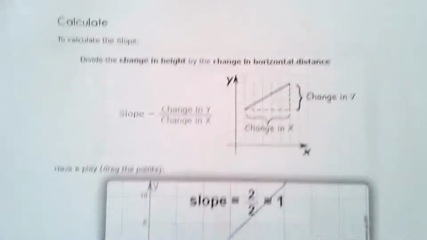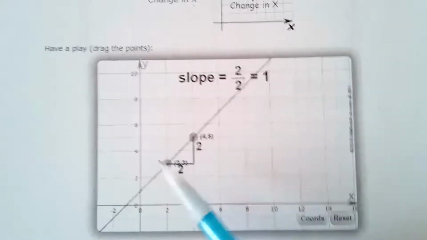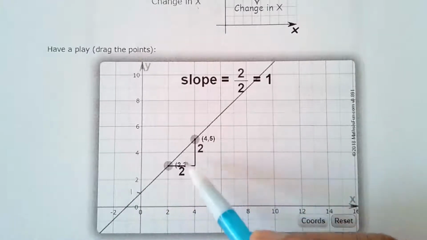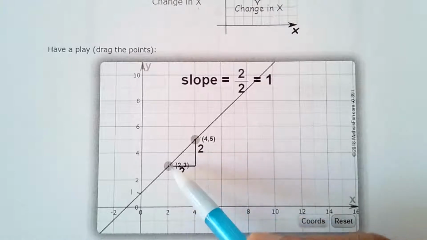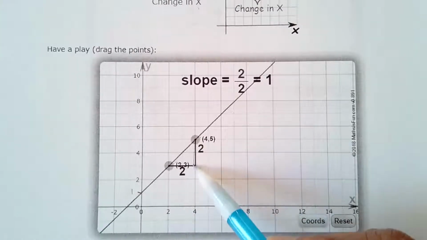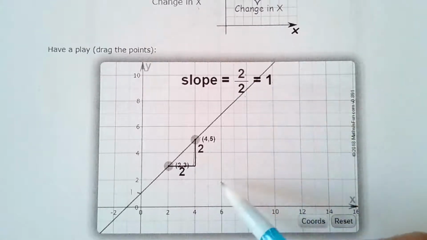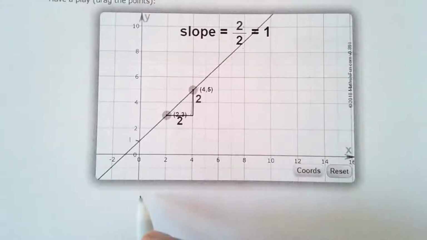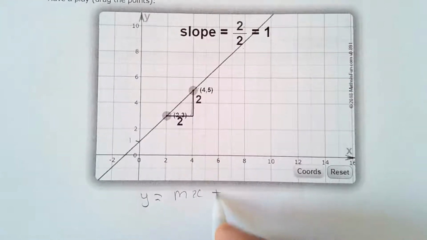So the calculated gain is the slope, the change of y over change of x, or the rise over the run. Here's another example, here we have a line. Now this line crosses at 1 here. Well, this time the slope is 1 because the rise here is 2 and the run is 2. So 2 over 2 is equal to 1. So if I were to write this equation out, it would be y is equal to mx plus b.